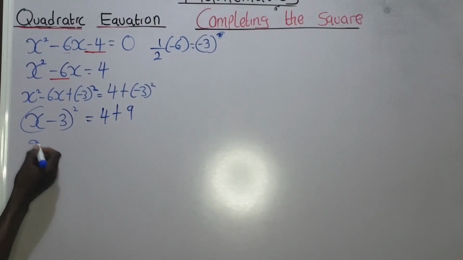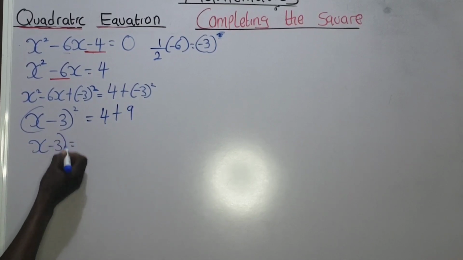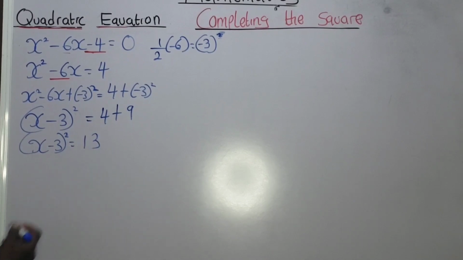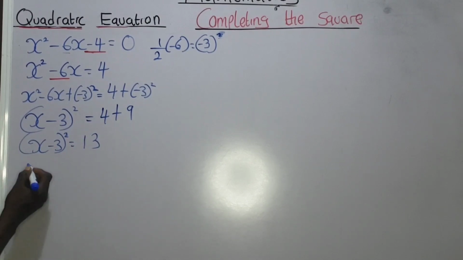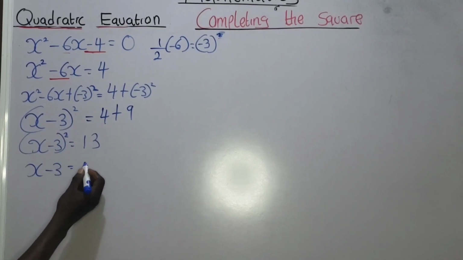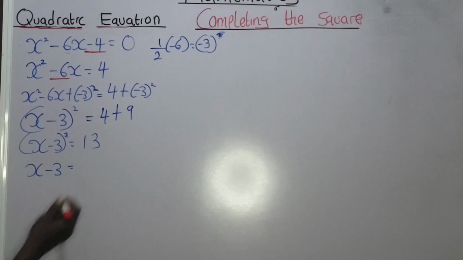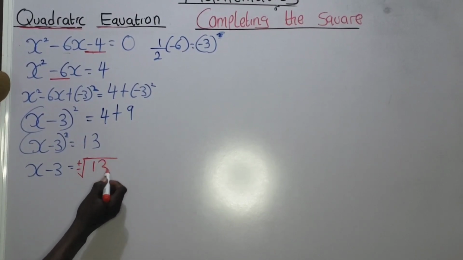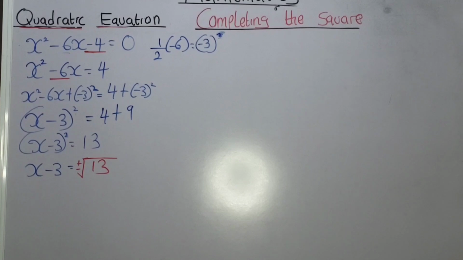Here I'm going to have x minus 3 squared now equals 13. From this point, we can take the square root of both sides. So I'm going to have x minus 3 equals the square root of 13, plus or minus. What is the square root of 13?